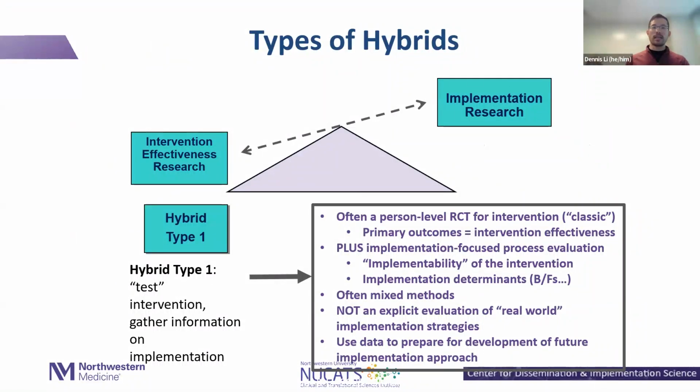Oftentimes, this is seen as person-level randomized controlled trials of an intervention, very similar to a traditional effectiveness study, but you're going to add implementation-focused process evaluation or mixed methods, or assess barriers and facilitators, those types of things. So you're just tacking on a little bit of implementation to your effectiveness study.